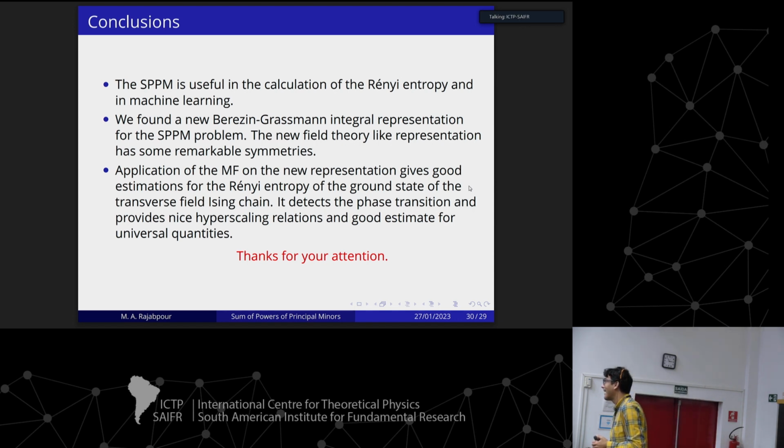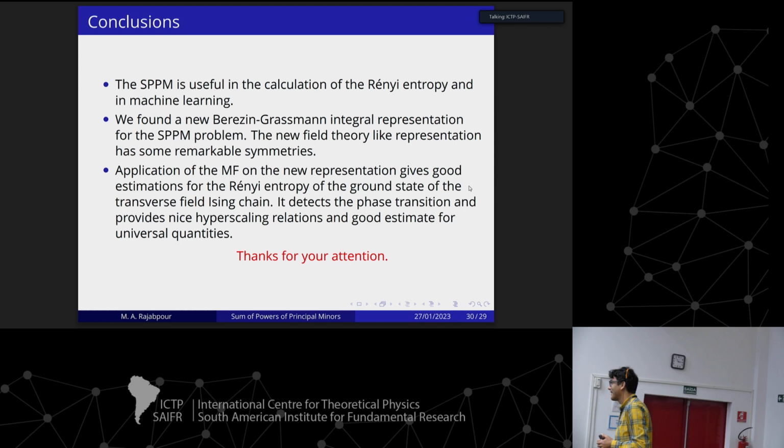Sorry, I may have lost something, and the question may be silly, but you've been talking about a chain while in your graphs you had a ring. I have a ring, I mean, periodic boundary conditions.